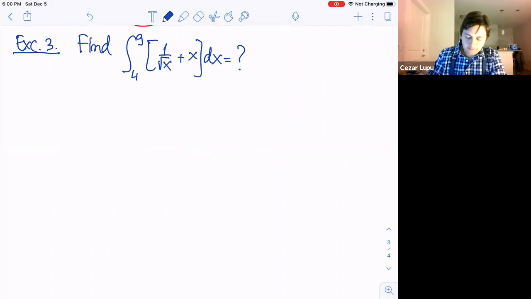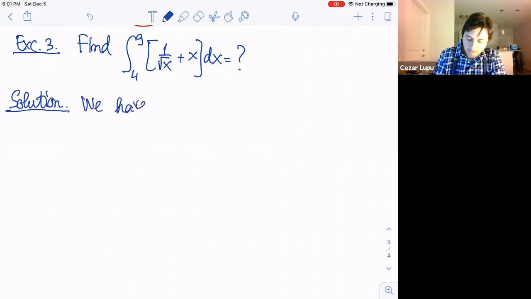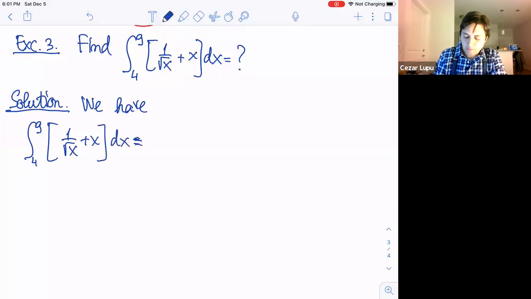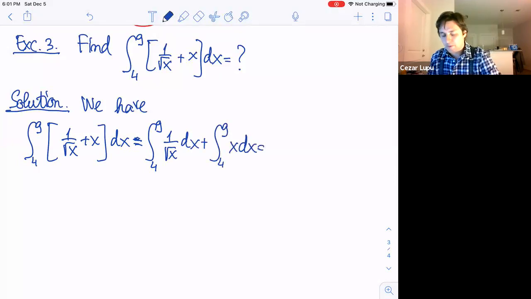So in this case, the integral from 4 to 9 of 1 over square root of x plus x dx is, by applying the sum rule, the integral from 4 to 9 of 1 over square root of x dx plus the integral from 4 to 9 of x dx, right?